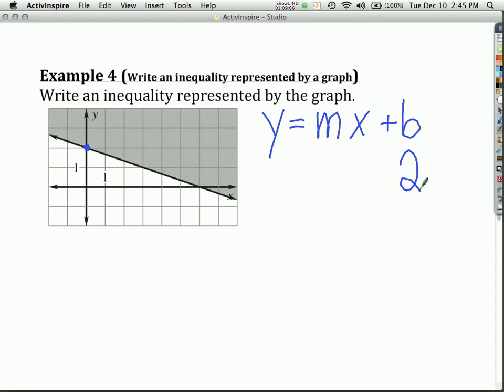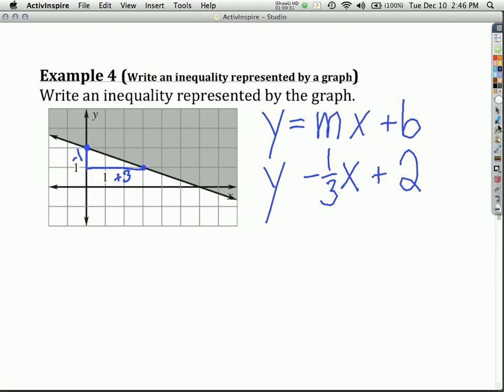Which is? -1/3. Let's see. Here's a point over here. So we go -1/3. So it's -1/3. And so here we have most of what we need.